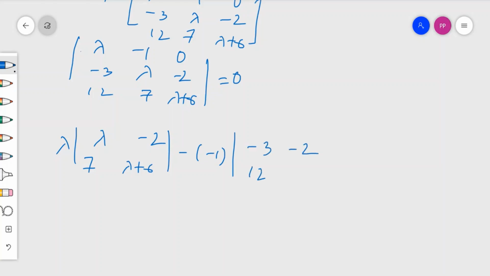Please recap your understanding of solving determinants if you are not very comfortable with this, so that we can save some time.